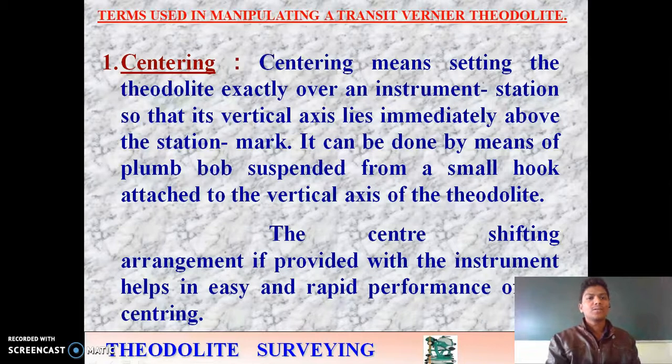Now, terms used in manipulating a transit vernier theodolite. Centering. Centering means setting the theodolite exactly over an instrument station so that its vertical axis lies immediately above the station mark. It can be done by means of a plumb bob suspended from a small hook attached to the vertical axis of the theodolite.